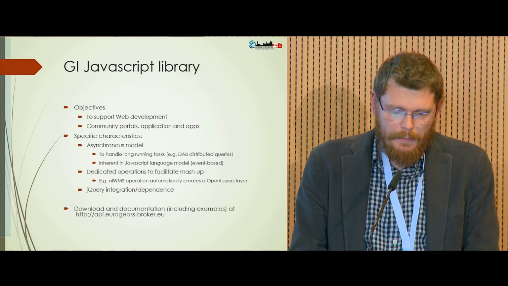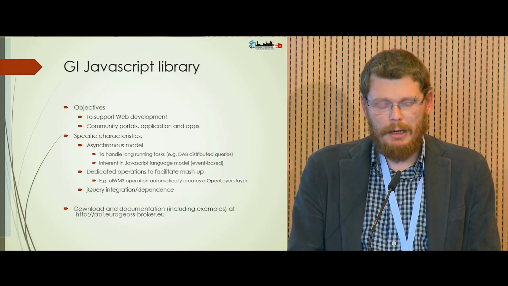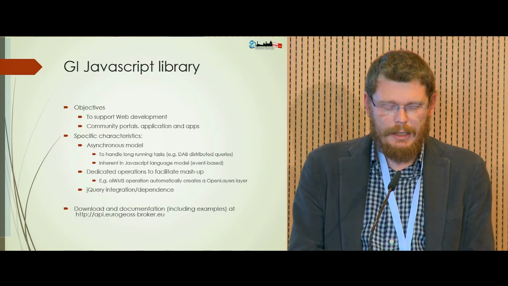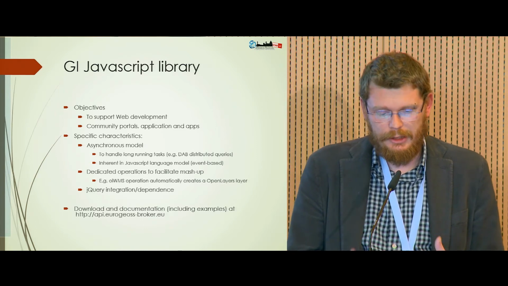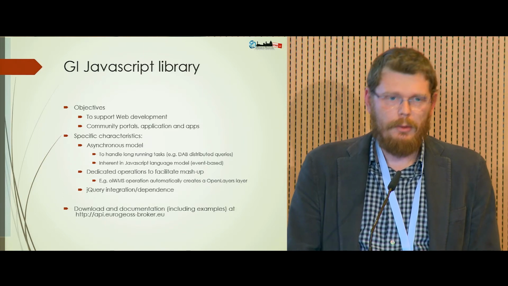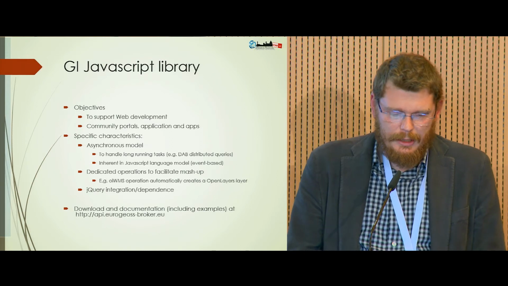So the library is intended to help developing community portals and applications, and has, of course, some specific characteristics such as the asynchronous model of interacting with the DAB, which is due mainly to the JavaScript native model.